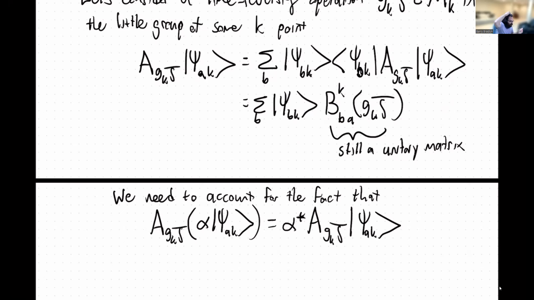And to account for this, we're going to introduce a shorthand operation which I'll write as script K, which represents the action of complex conjugation on scalars.